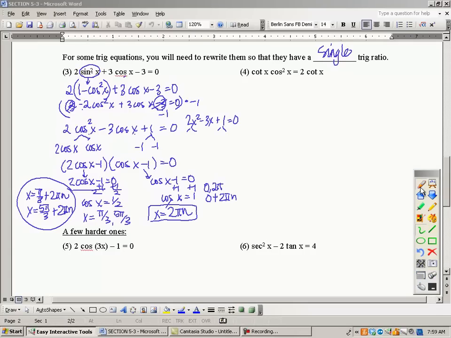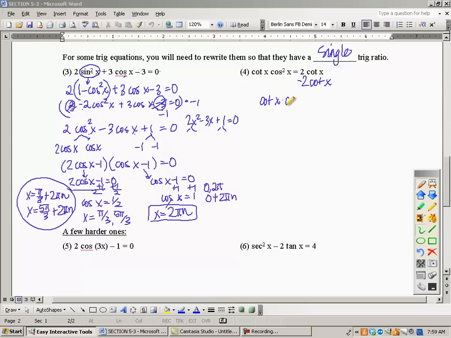Sorry about that. The fourth one, I look at cotangent times cosine squared equals 2 times cotangent. Okay, I would like to get these both on one side because I want to set it equal to 0 like we had in number 3 to be able to do something. So I'm going to move 2 times the cotangent over.